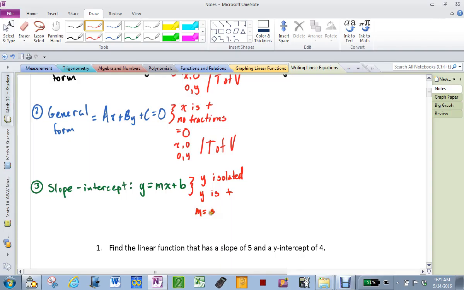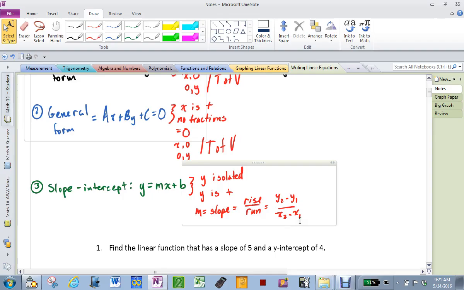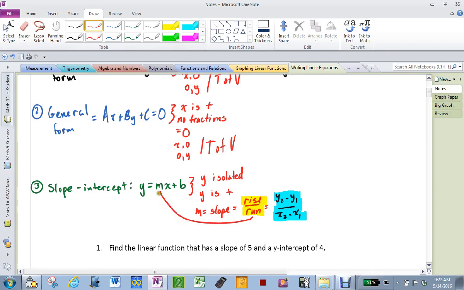M is slope, which opens a whole other can of worms, doesn't it? Because slope is what? Rise over run, and y2 minus y1 over x2 minus x1. Correct? So can I put this or this in there?